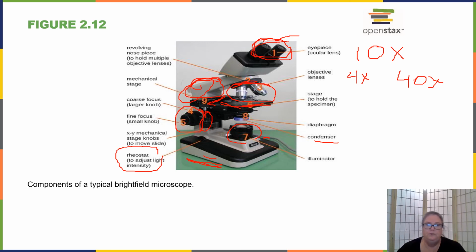So when we go to focus, we've got our slide on here. We've maybe held it up to the light and seen the tissue, and we put that right in that circle of light right here. You've got your objective on your lowest power, and you're not looking through the microscope yet. You're going to tilt to the side and look through, and you're going to use that coarse focus to pull that stage up as far as it'll go.